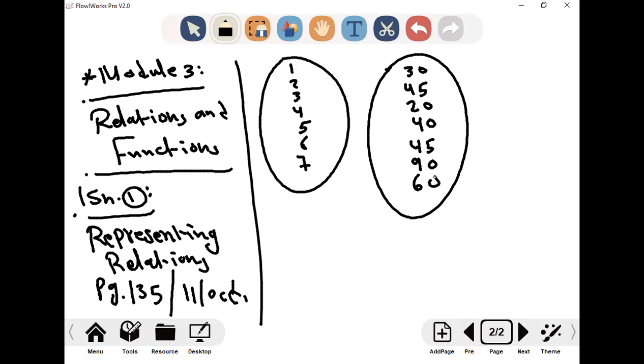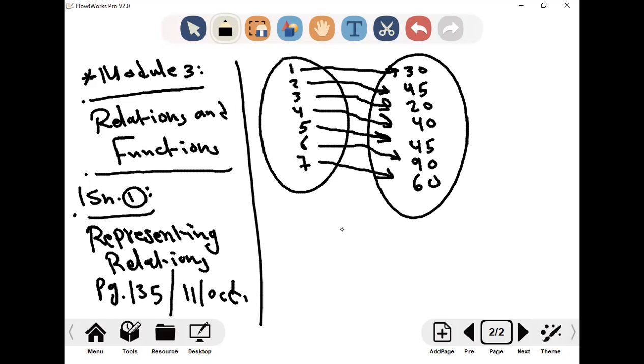In day 1, the driver drives for how many minutes? 30. In day 2, 45. In day 3, 20 minutes. In day 4, 40 minutes. In day 5, 45, and in day 6, 90 minutes, and in day 7, 60 minutes.